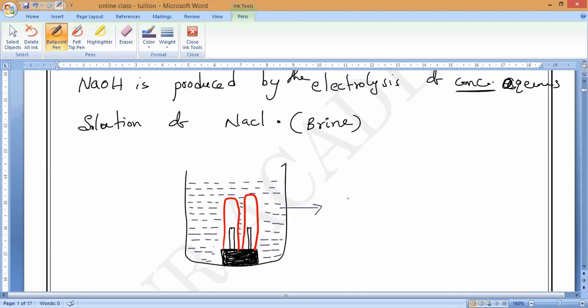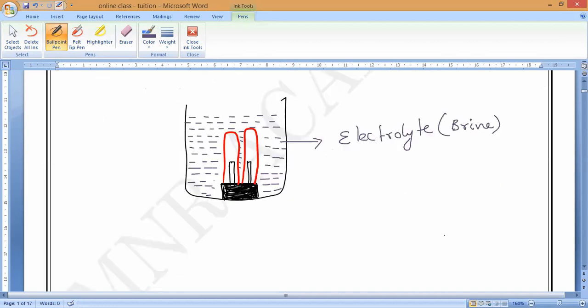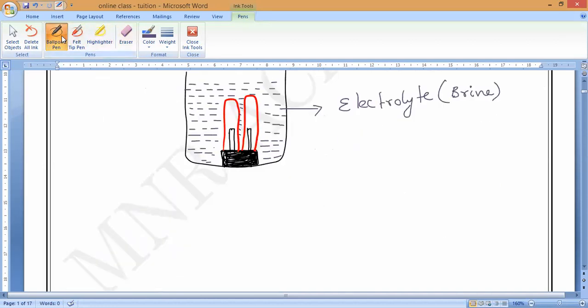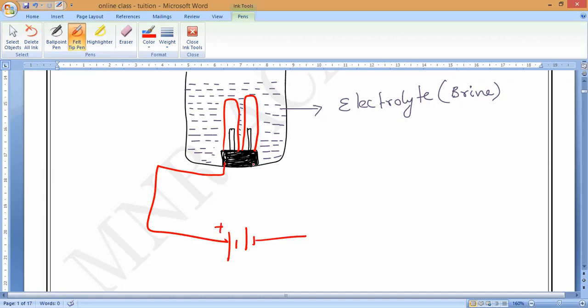That is what you have to remember. This electrolyte here is the brine, concentrated sodium chloride. Do you understand? Now it has been connected to the battery, with the positive and negative terminals. Now if it is connected to the positive node, what should we call it?